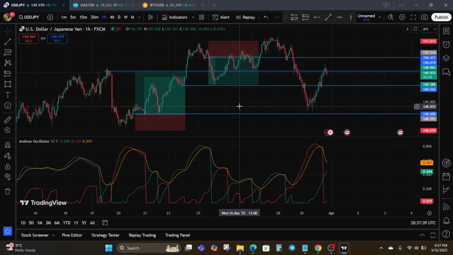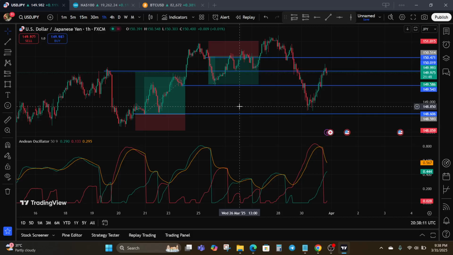Just ensure that your risk to reward ratio is good, and do not risk more than 2% of your account balance per trade if you want to follow a conservative approach. If you're an aggressive trader, it's your own risk. But for long-term success, it's recommended not to risk more than 2% of your account balance in a single trade.